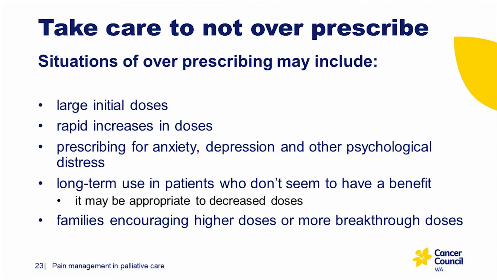We need to make sure that it is physical pain that an opioid will work for, that we're prescribing this opioid for. People who have anxiety or depression or other psychological distress because of their situation, we need to explain that opioids are not going to help with that, and that other modalities and other ways of treating that are better.